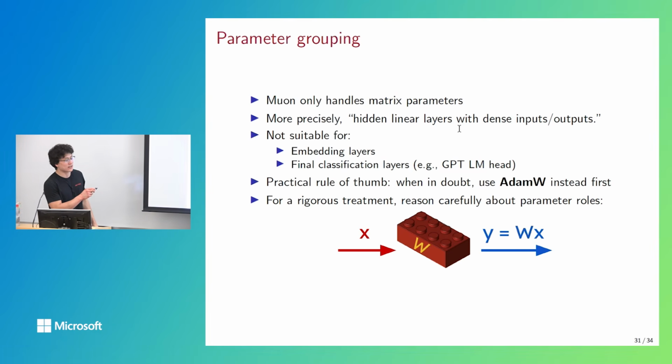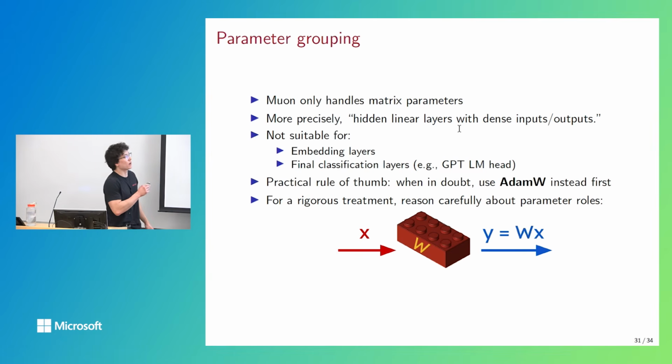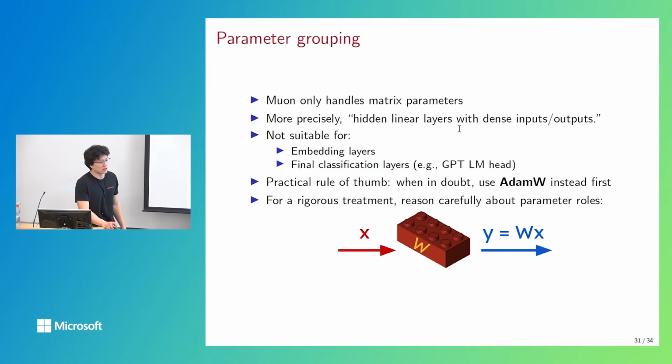What is the input vector for this parameter unit, and what is the output vector? Based on that, you will get some clarity on how you should integrate Muon or other orthonormal optimizers into your architecture. For example, a good exercise here is how you can do this, based on this principle, for 3D and 4D convolutional filters in convolutional neural networks.